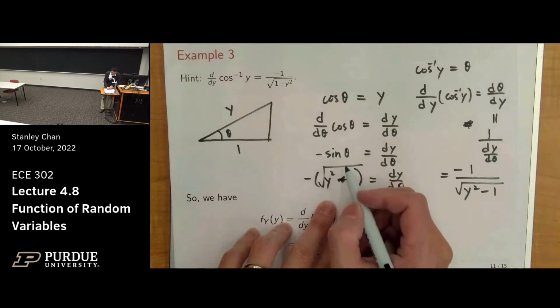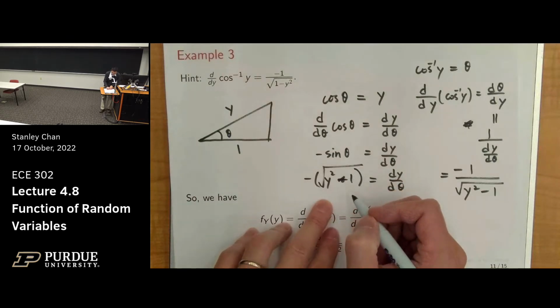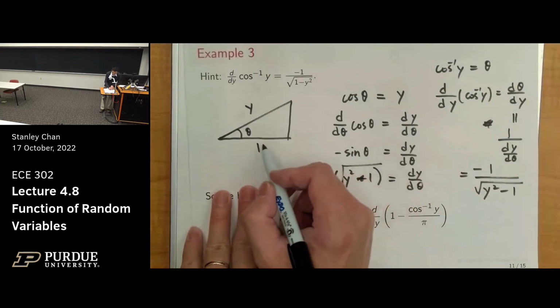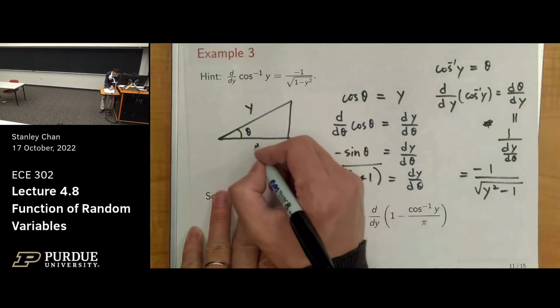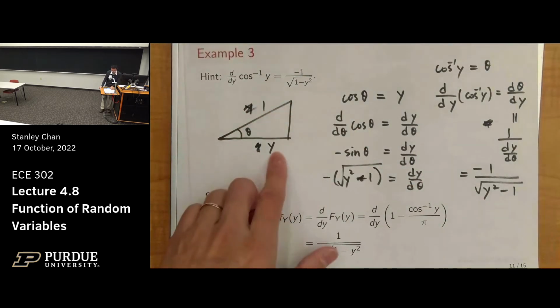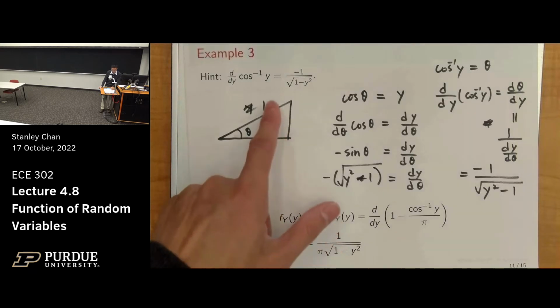Why is it 1 minus y squared? Oh, okay, I think I made a mistake here. This should be 1. That should be y. Okay, right? So that should be y, this should be 1.